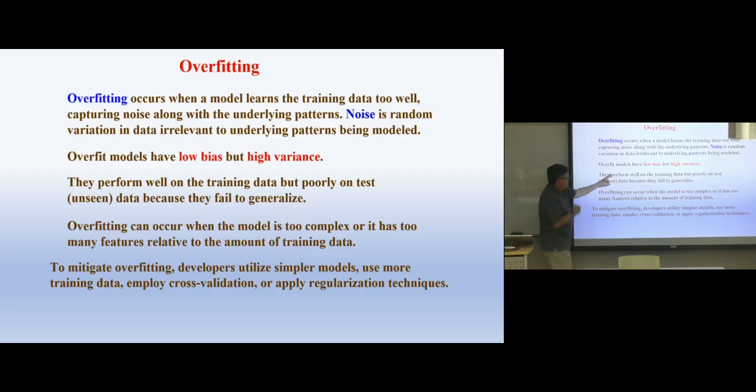Okay? So what do you got? You got low bias and you got high variance. Well, you're doing great on training data like a 0.95 and poorly on the test data, 0.62, which we've seen already. Model's too complex, too many features, we talked about that. Okay. Remember, simpler models, more training data, cross-validation, and so forth.